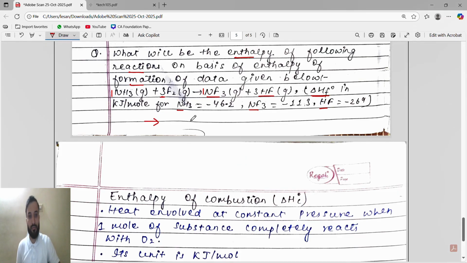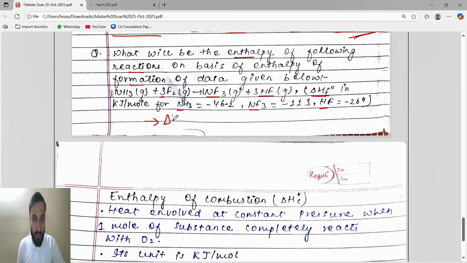So we have to find this enthalpy of reaction. First of all we will take the product. What is the product? HF. We will see if the enthalpy of formation of HF is given or not. They have given the values of enthalpy of formation. NH3 is given, NF3 is given, HF is given.